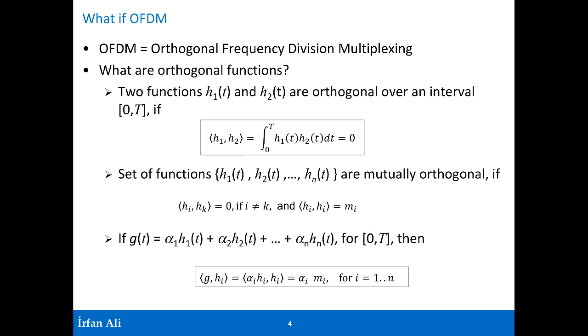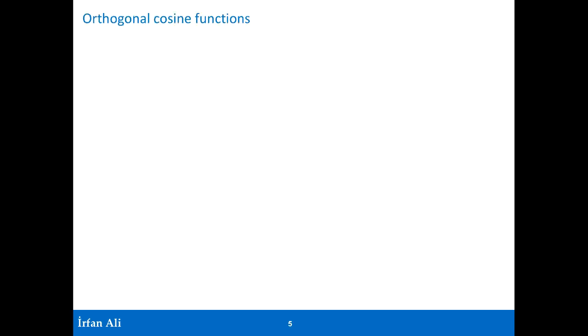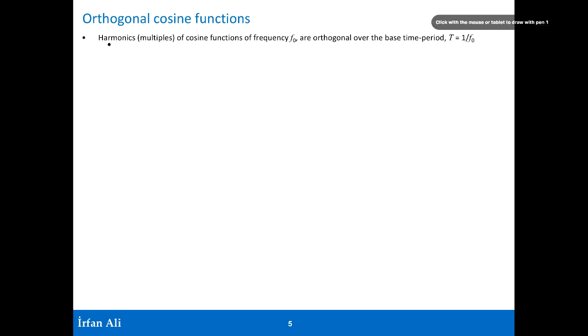What OFDM uses for the orthonormal functions are cosine functions. So your h1 to hn are cosine functions. There is a good property of cosine functions: if you look at the harmonics, or the multiples, of a particular frequency f0, they are orthogonal over a time period of 1 over f0.